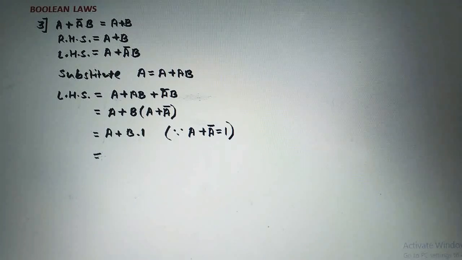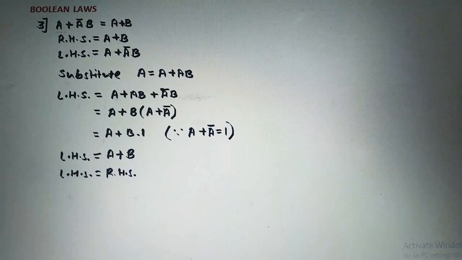Now we can write A plus, what is B dot 1? B dot 1, or B and 1, is equal to B here. So this is the left hand side, and this left hand side is equal to the right hand side, that is RHS. So A plus A bar B is equal to A plus B.